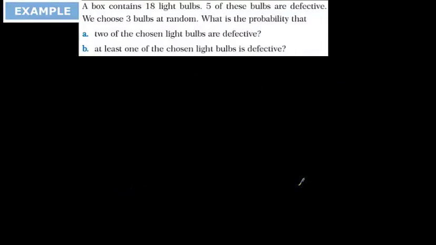Okay, now again a selecting exercise. There are 18 light bulbs and 5 of these bulbs are defective, so 13 of them are normal.